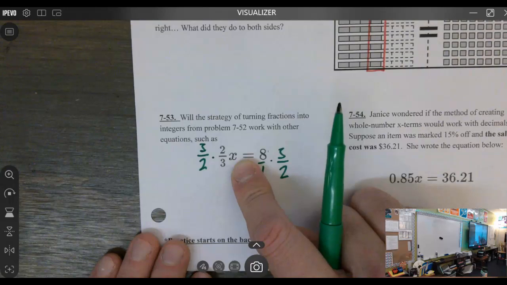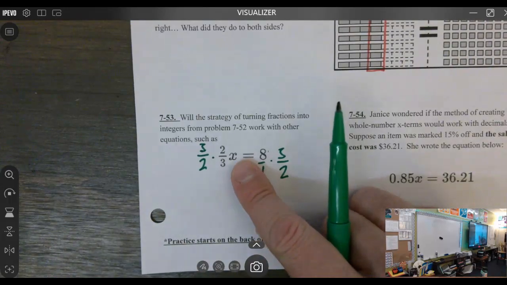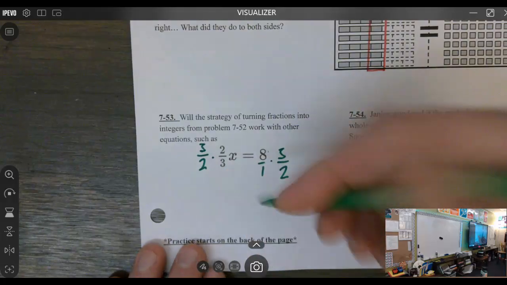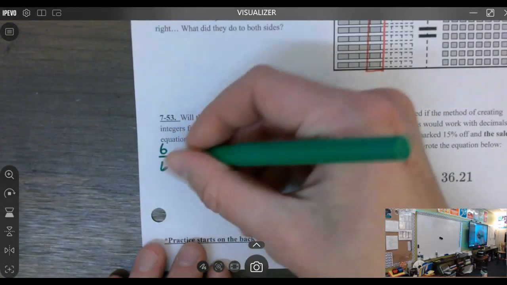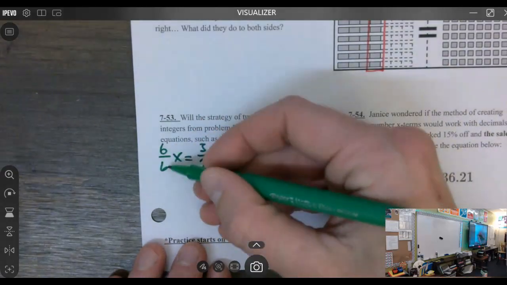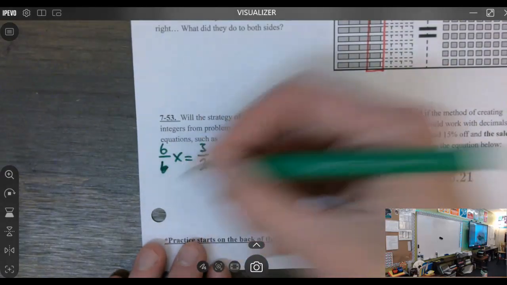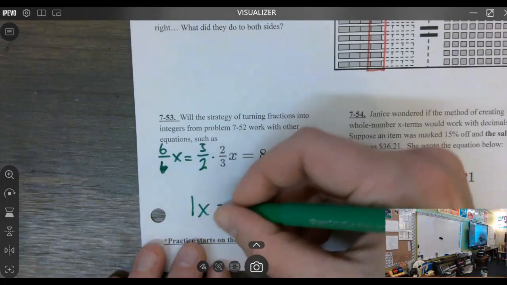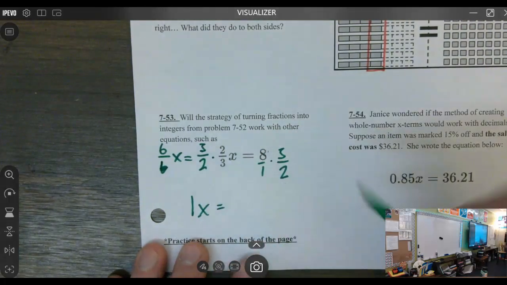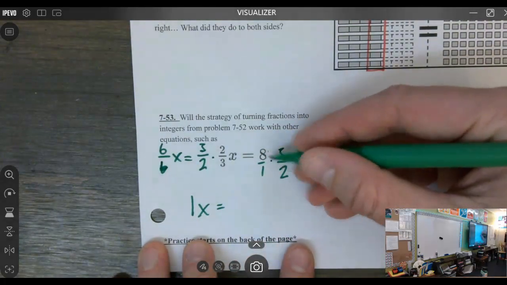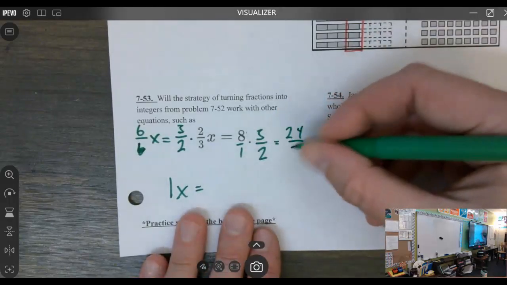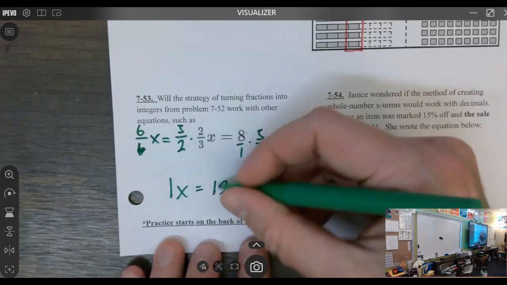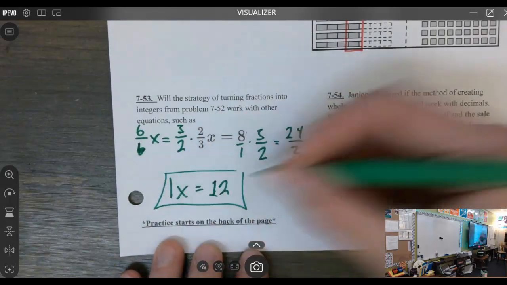Flippy fraction thing, reciprocal. Guys, let's make sure we understand why this is happening. It'll make 6 over 6x. What is 6 divided by 6? 1. So we get 1x. When we do it over here, you could cross reduce, or what's 8 times 3? Divided by 2.